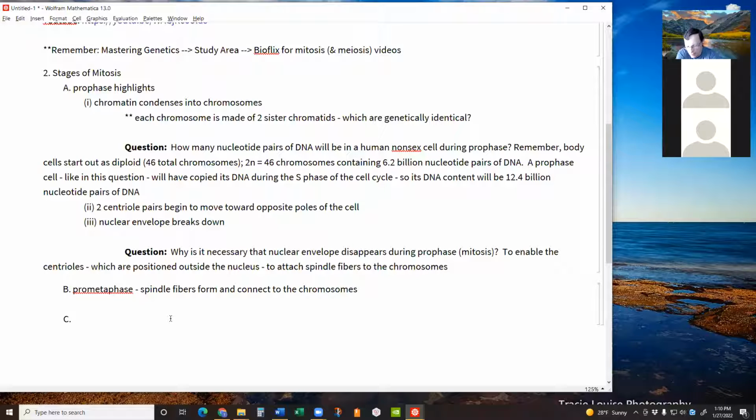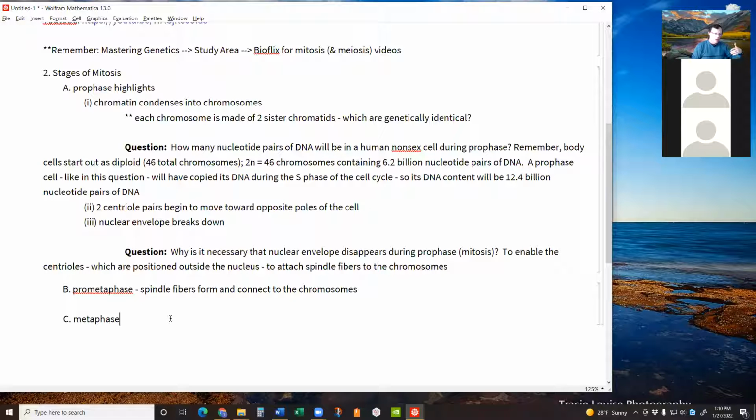All right, the next section of mitosis is metaphase. With metaphase, there are literally tiny little molecular machines that walk along the spindle fibers, and they help move the chromosomes into this relatively straight position in the middle of the nucleus, or where the nucleus was, because the envelope has disappeared.